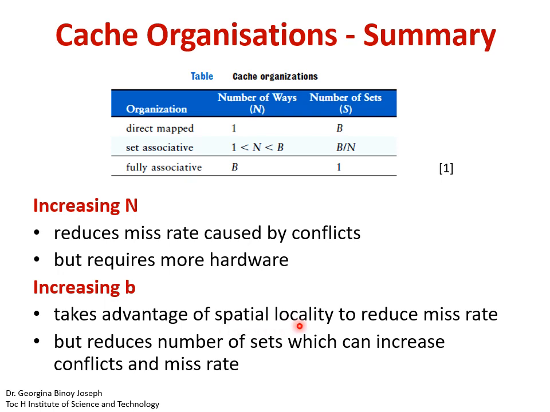We are saying that if the processor wants a particular data word right now, it might require the next few data words also. So if I increase the block size B, I can take advantage of spatial locality to reduce miss rate. But increasing B reduces the number of sets, which will again increase cache conflicts and thereby increase the miss rate.